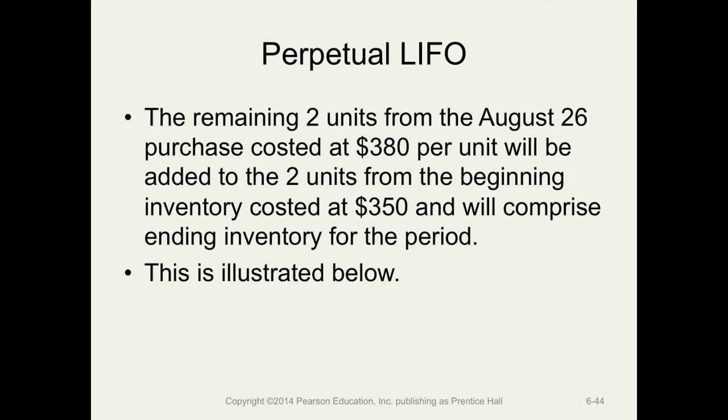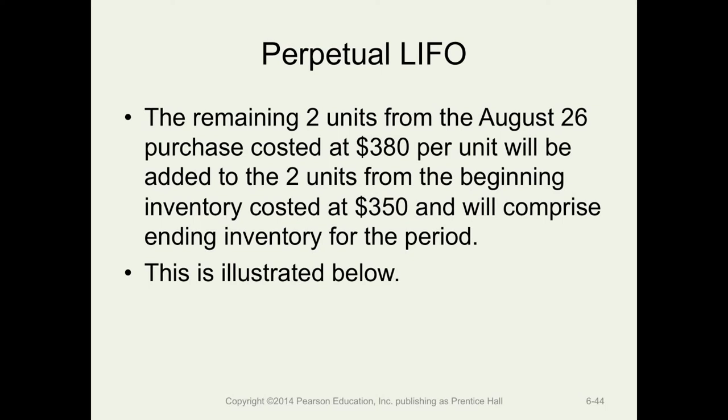We know that from our previous illustrations, and those 4 units are going to carry a cost from beginning inventory and the next oldest purchase. Now, it doesn't mean that with LIFO you've got old units on hand. It simply means you're assigning older costs to current units.